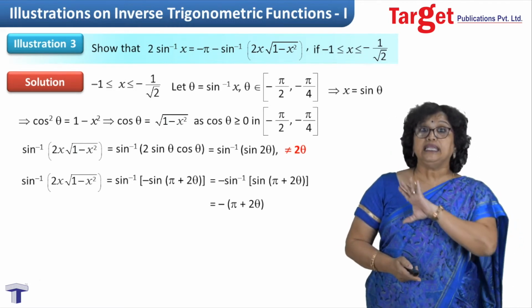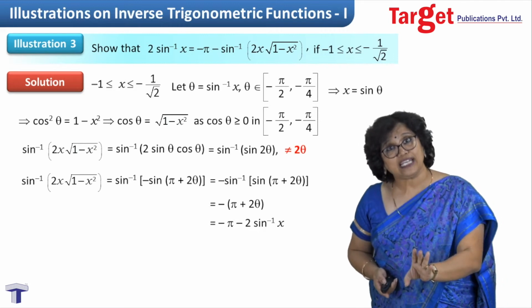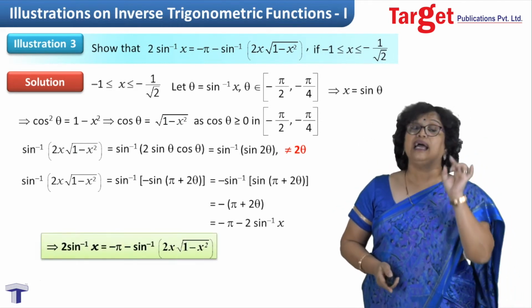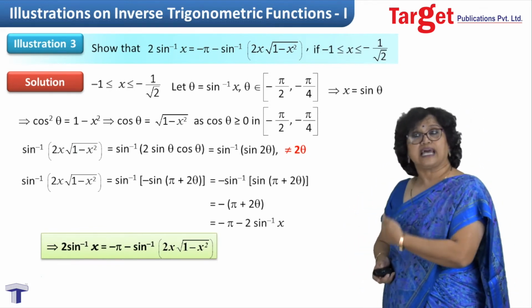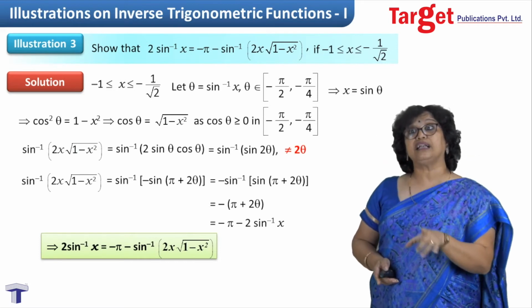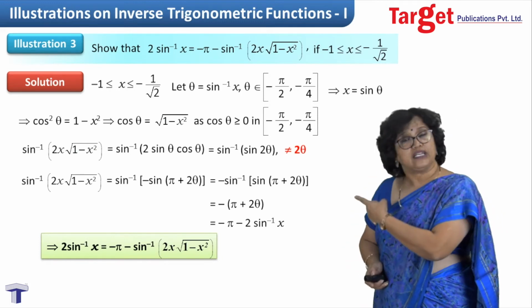Correct? And now, I will write theta as sine inverse x. So, this becomes minus pi minus 2 sine inverse x. And one more step, rewrite again. And that leads to 2 sine inverse x equal to minus pi minus sine inverse of 2x under root 1 minus x square. Now, this is the result provided x lies between minus 1 and minus 1 by root 2.